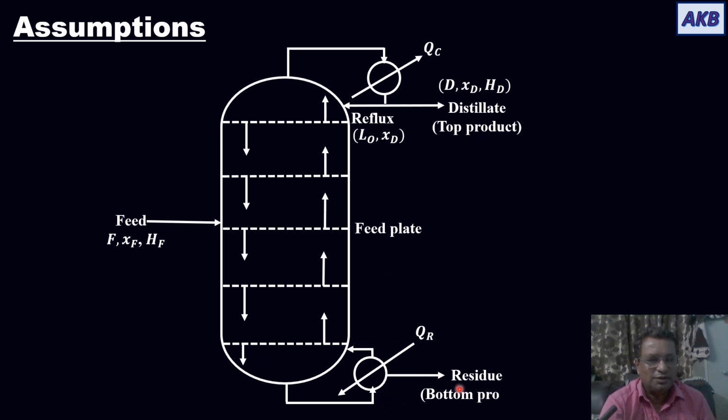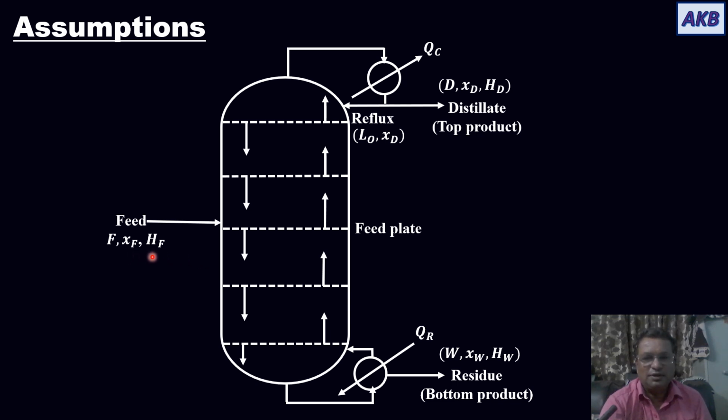From the reboiler, we are taking out the bottom product, which is called residue, and it will be identified by these parameters, W, xW and HW. So all H that you are seeing in this schematic diagram are enthalpies per unit mole.